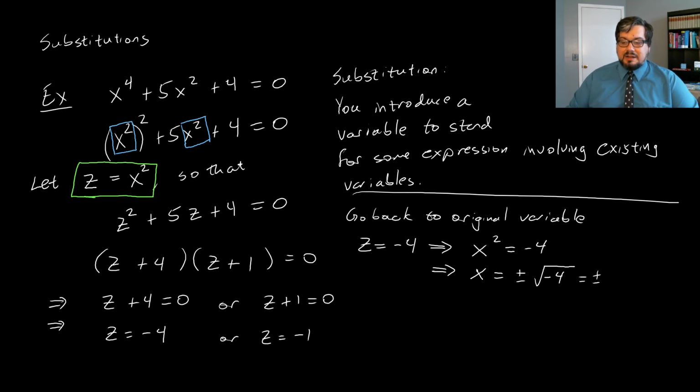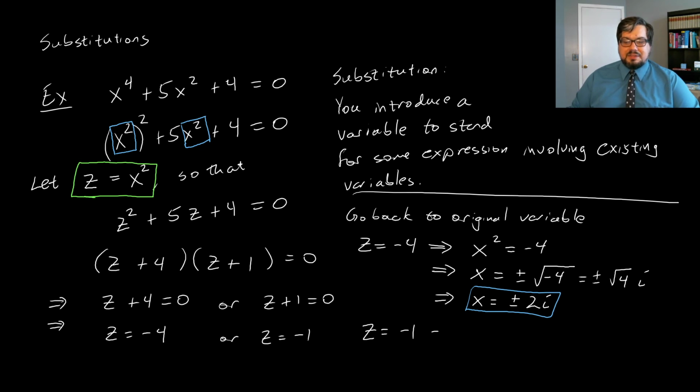This is plus or minus the square root of 4i, which we can simplify further to x is equal to plus or minus 2i. So that gives us some solutions for the original variable, x.